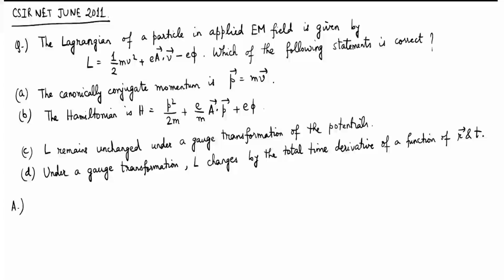Sir, in this problem, there will be additional terms. What is the additional term? P is equal to dou L by dou q dot. How do you determine P? dou L by dou q dot. So Pi equals dou L by dou q i dot. Right? So what is Px?